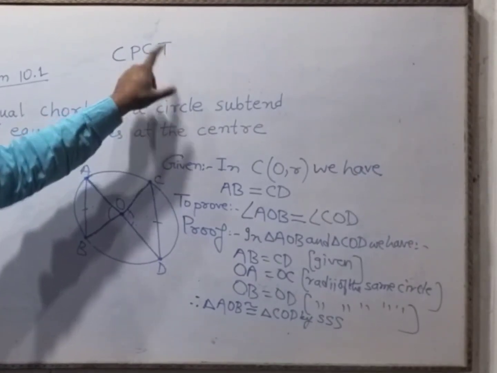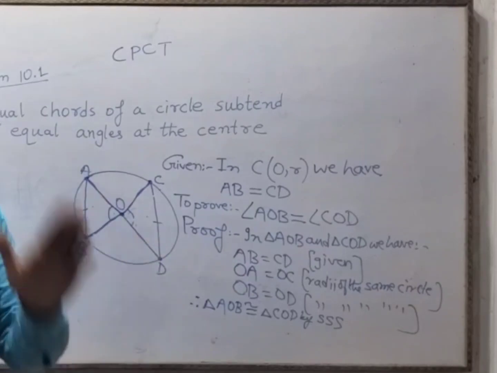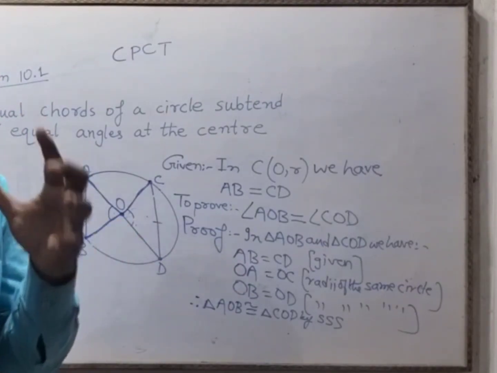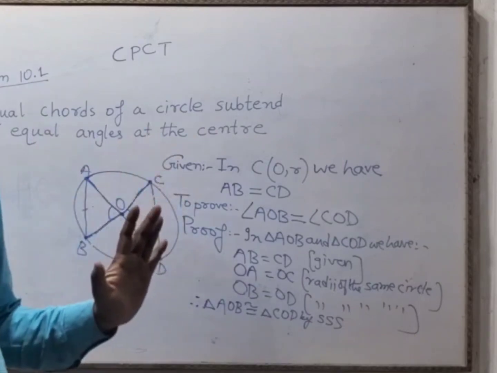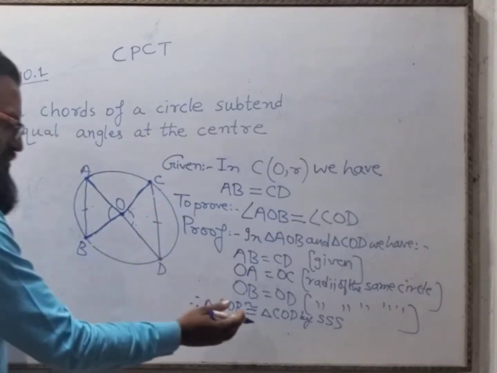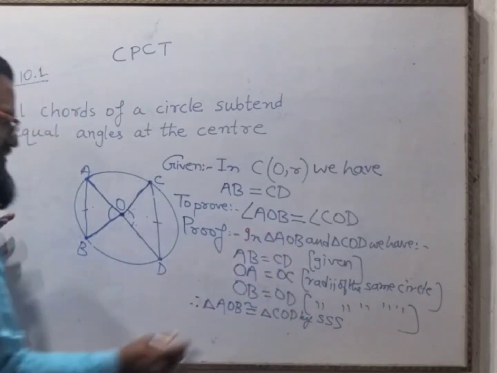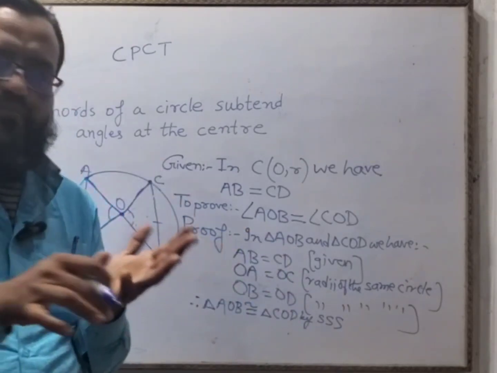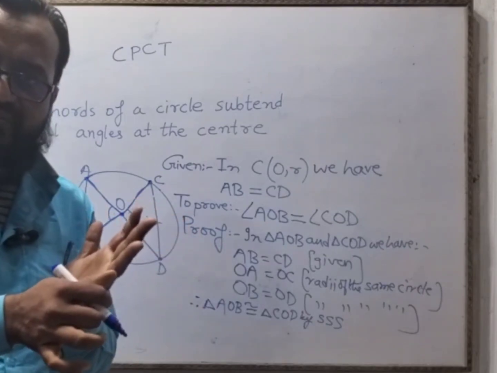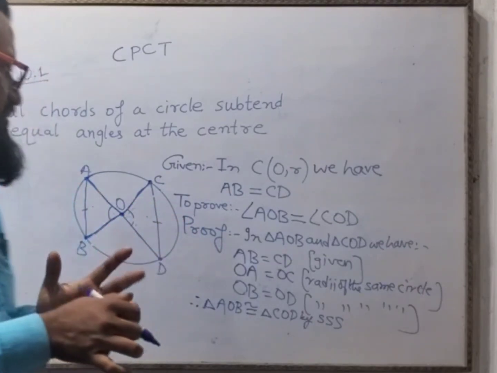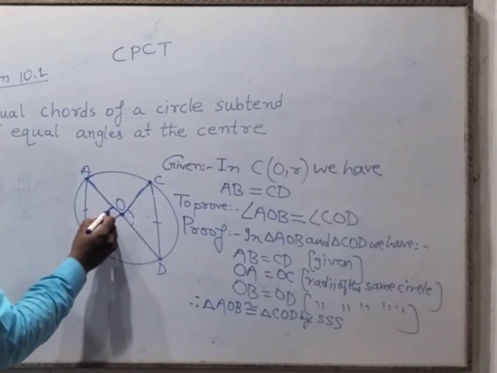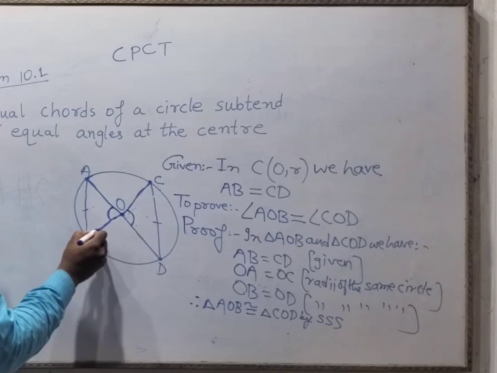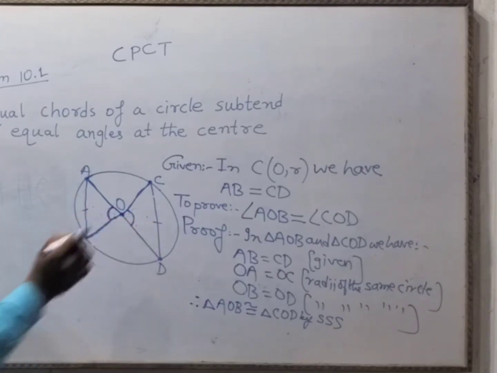Already you have studied that if two triangles are congruent, then the corresponding parts will be equal. Okay. So here these triangles are congruent. So what are the corresponding parts? A triangle has 6 parts mainly, 3 sides and 3 angles. We have to prove just angle AOB and angle COD.